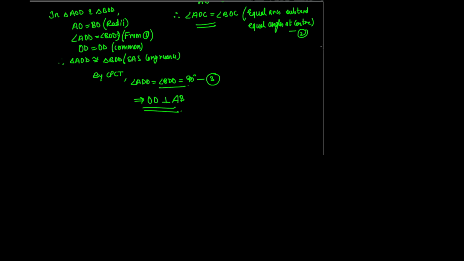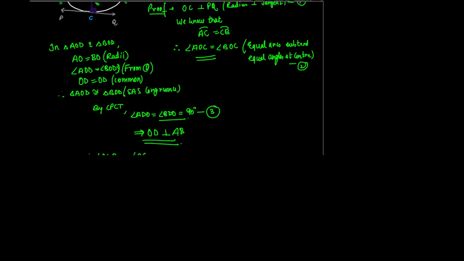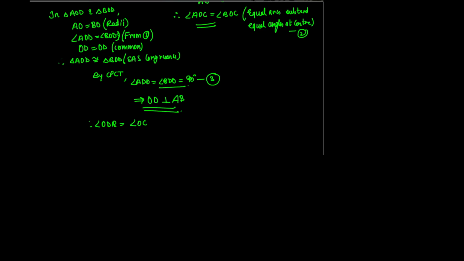Therefore, I can say angle ODB equal to angle OCQ. ODB, this angle, equal to OCQ, this angle. These two angles are both 90 degrees.